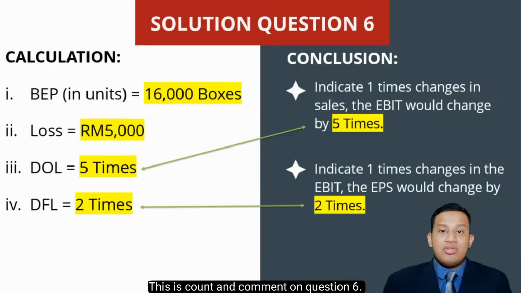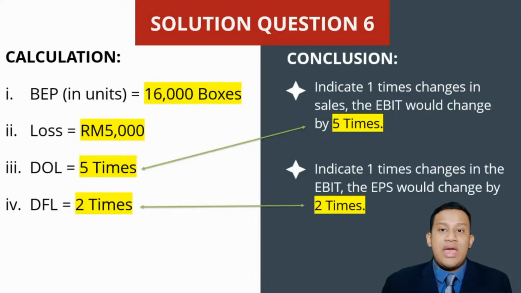This is the discussion and comment on question 6. The break-even point in boxes is 5,000. The loss on 15,000 boxes is 5,000 ringgit. Next, the degree of operating leverage at 20,000 boxes is 5 times.